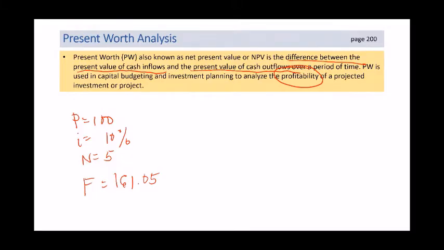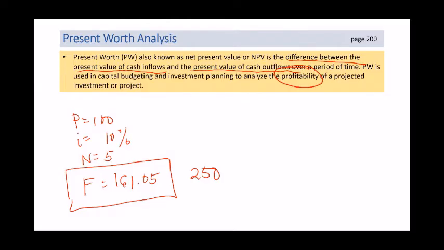But what really happened? This is only estimated at the start of the project. But during the course of the project, maybe the manager is very diligent and very good in managing his business. So instead of 161.05, at the end of the fifth year his future worth is, say, 250 flat.